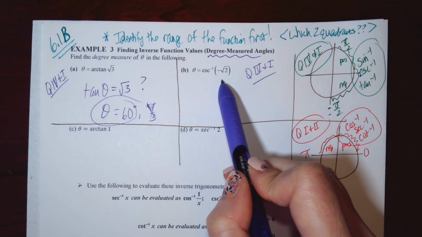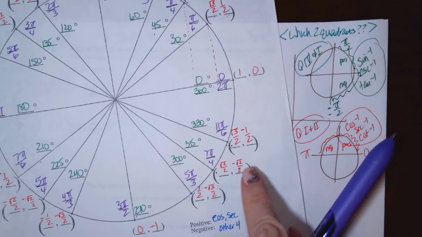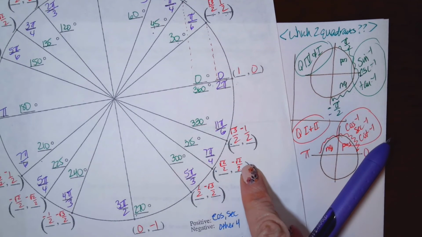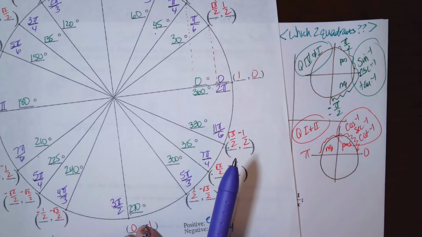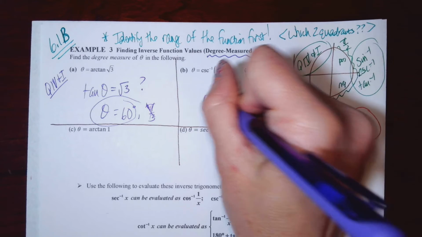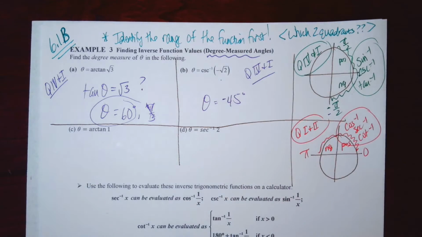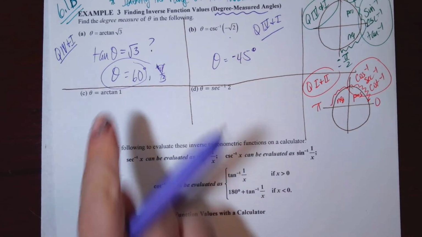Well, cosecant is the reciprocal of sine. I'm looking for the sine function value down here, right there. That's going to be it. So that would be, remember, from negative 90 to 0, that would be my negative 45 degree angle. Theta is going to be a negative 45 degrees there. Don't forget your degree symbol to show degrees.